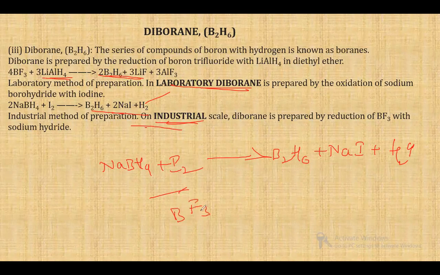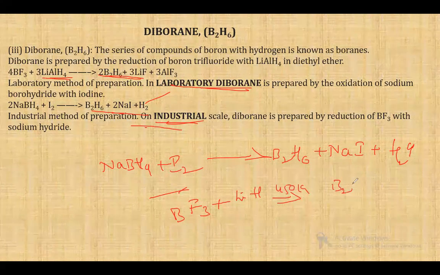Boron trifluoride, a boron halide, is treated with lithium hydride, LiH, at higher temperature, roughly 450 Kelvin, to give B2H6, diborane, with the formation of lithium fluoride. So that is B2H6.